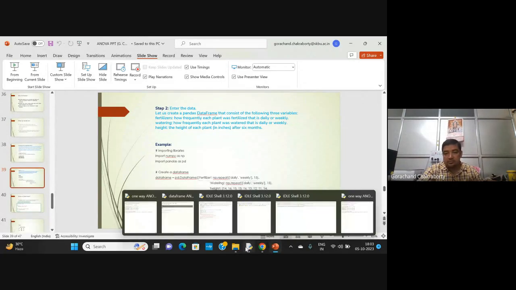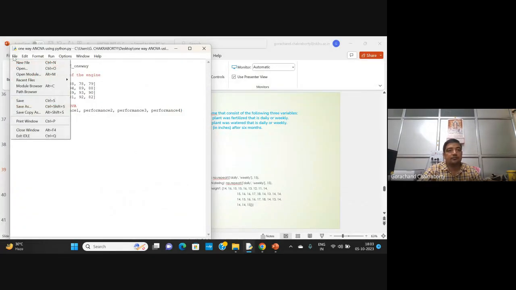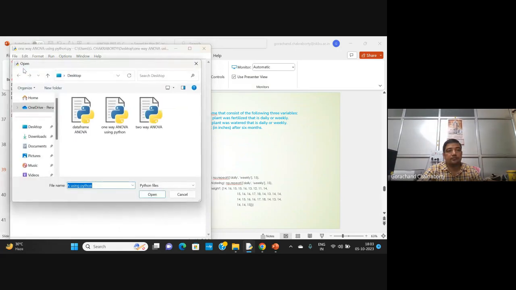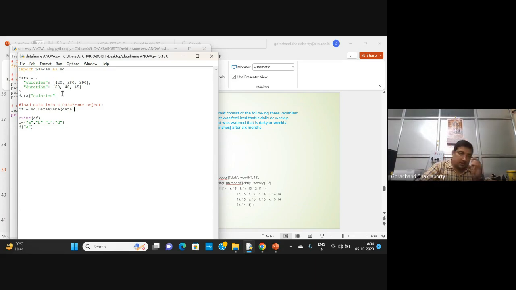This is the simplest example of a data frame. We are storing calories with duration.